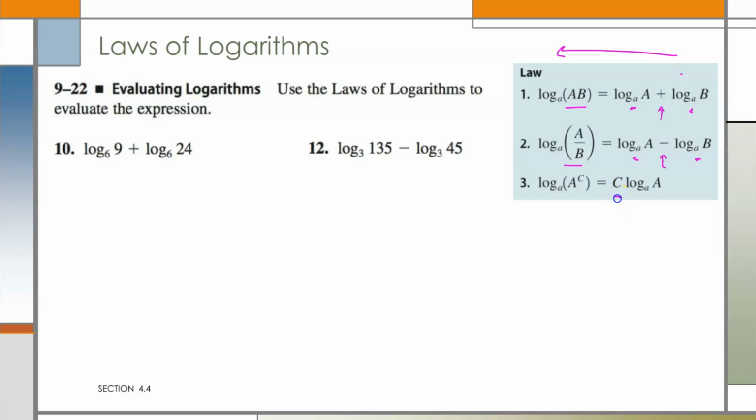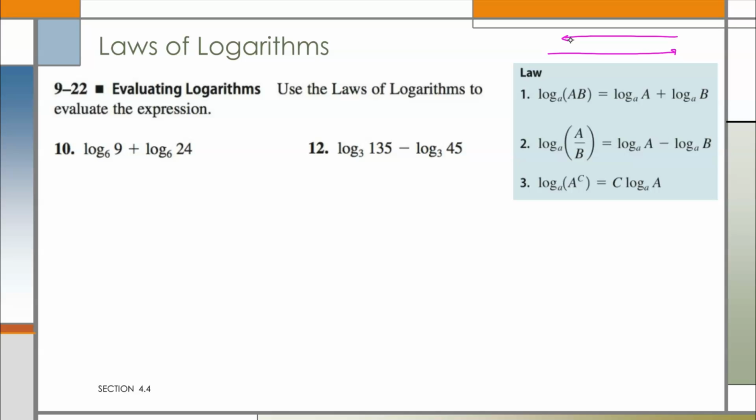If I have a constant out front of a logarithm, I can write that constant as an exponent. So our laws can be used from left to right, or from right to left, depending on what we want to do.